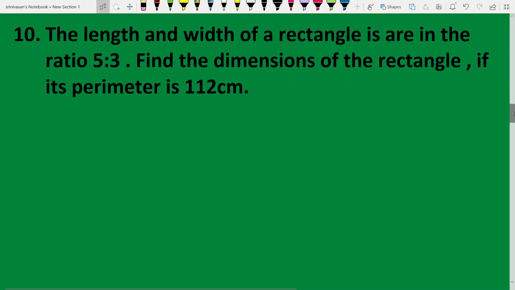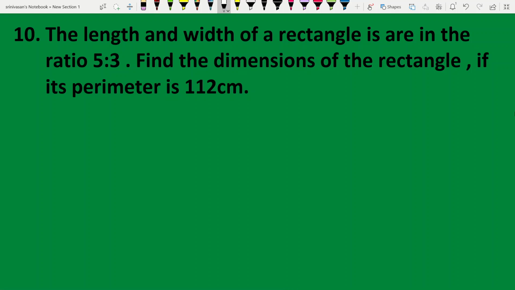Read out the question first. The length and width of a rectangle are in the ratio 5:3. Find the dimensions of the rectangle if its perimeter is 112 centimeter.